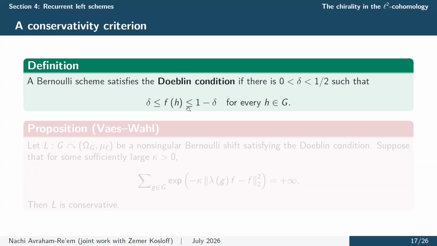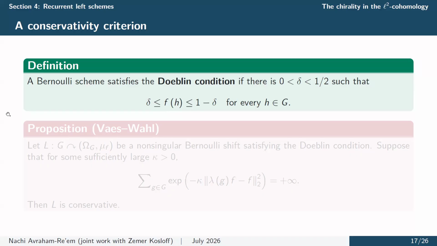So say a Bernoulli scheme whose marginal distribution is given by some function f, then I want this function not to tend to 0 or to 1, just to stay away, say, between 1/3 and 2/3. Let's call it the doubling condition.